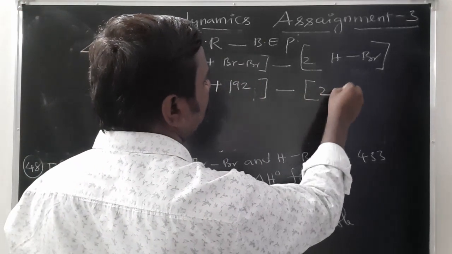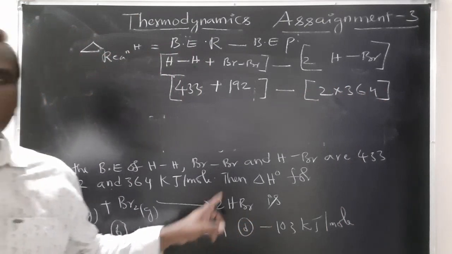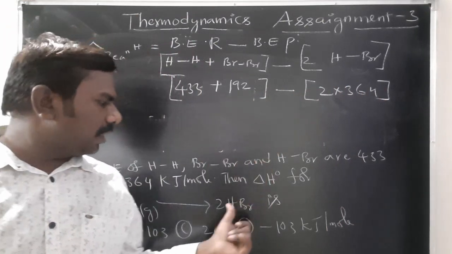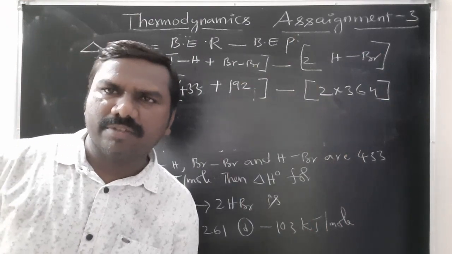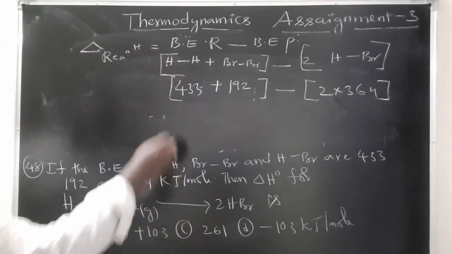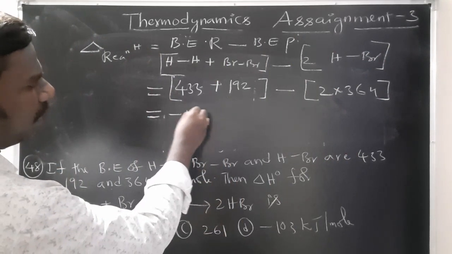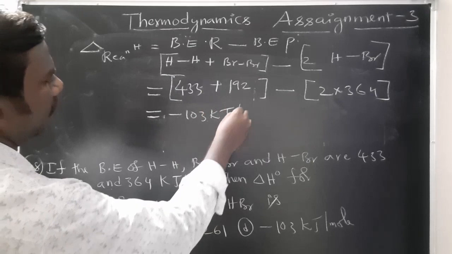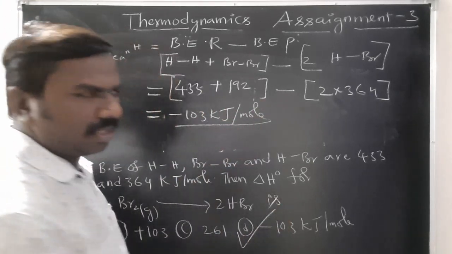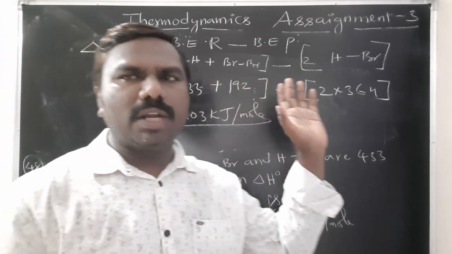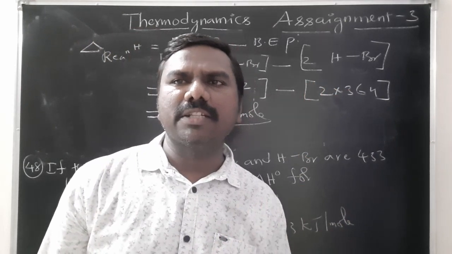There is 2 into 364. If it is 1 HBr, 1 into 364; 2 HBr, 2 into 364; 3 HBr, 3 into 364. Then on solving, you will get the answer. Finally, the answer will be minus 103 kilojoule per mole. So option D is correct, students. Bond energy given, the formula will be reactants minus products.